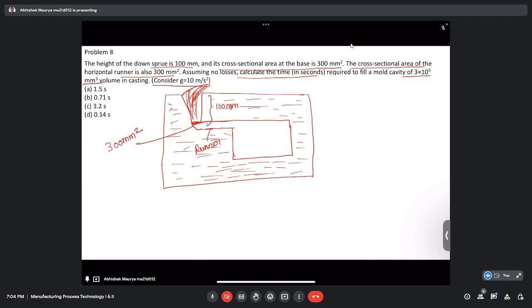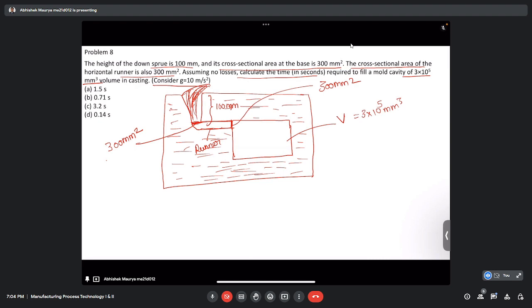It has uniform cross section, and it has also area same as the bottom of the sprue, that is 300 mm square. So this area is also 300 mm square, and the volume of this cavity is 3 into 10 to the power 5 mm cube.